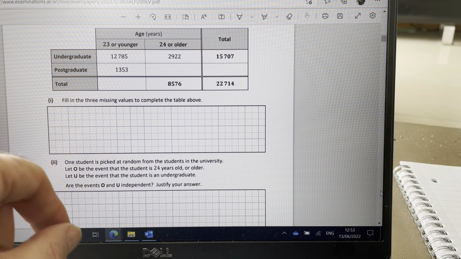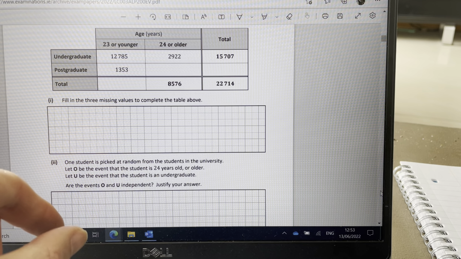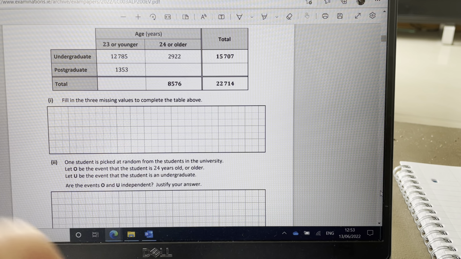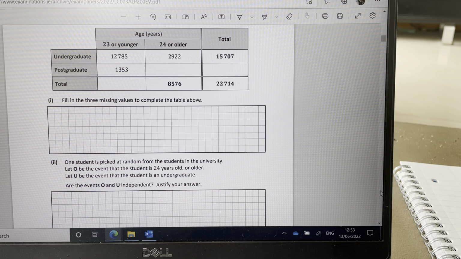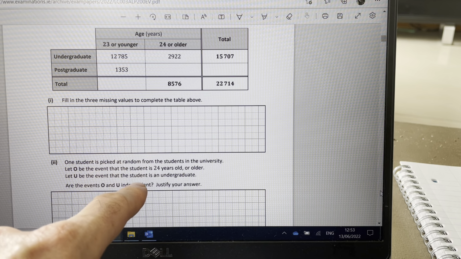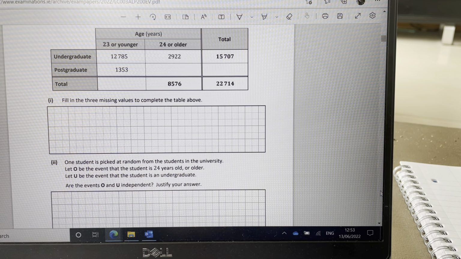If the probability of O given U is equal to the probability of O, then they're independent. And I'm guessing in this case that they're dependent, but I'll have a look later.